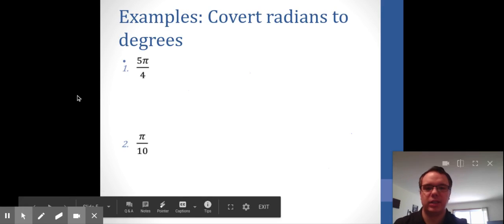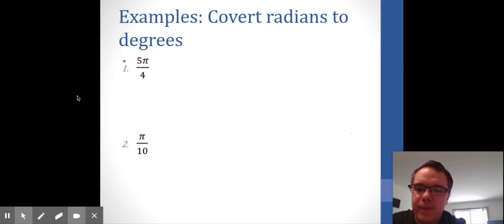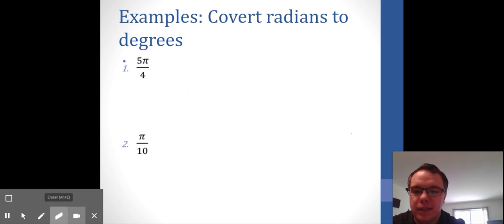All right, so let's change some radians back over to degrees. So if we multiplied by pi over 180 so that our degrees cancel out to get radians, when we have radians to degrees, we're going to multiply by 180 over pi, so that our pi's cancel out and we are left with degrees.